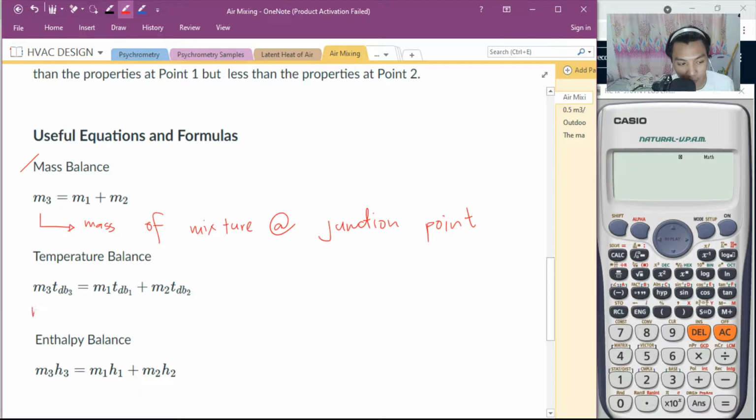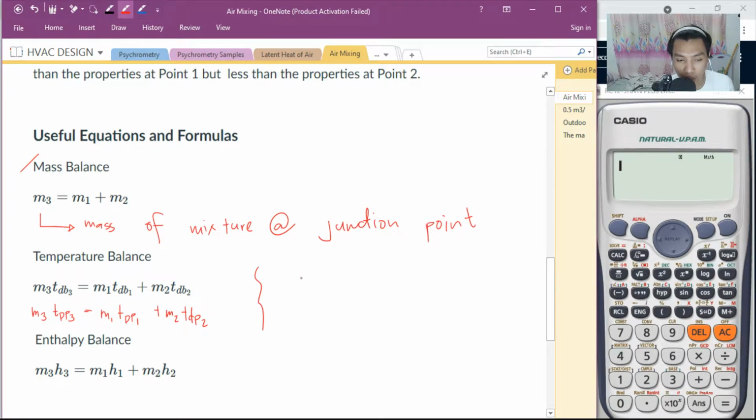O ano pa, mass 3, temperature nung dew point 3, equal to yung mass ng 1, temperature ng dew point 1, plus mass 2, temperature ng dew point 2. O how about yung ano, sir, how about the one na meron tayong wet bulb?